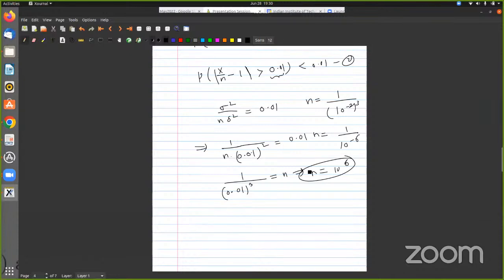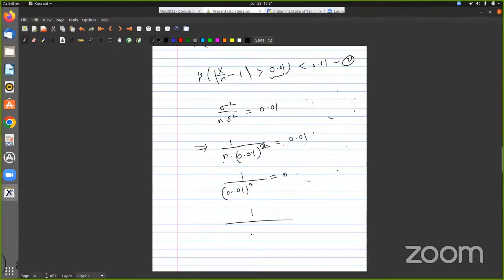Maybe if this is somewhat messy, I will try to do it here again. So this is clear, right? This step, 1 upon n into delta square equal to 0.01. This n will go to this side and that 0.01 will go to the denominator. Then n will become 1 upon 0.01.